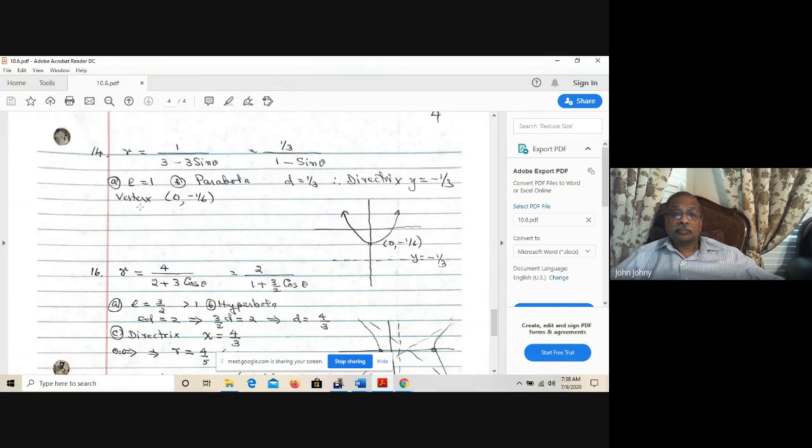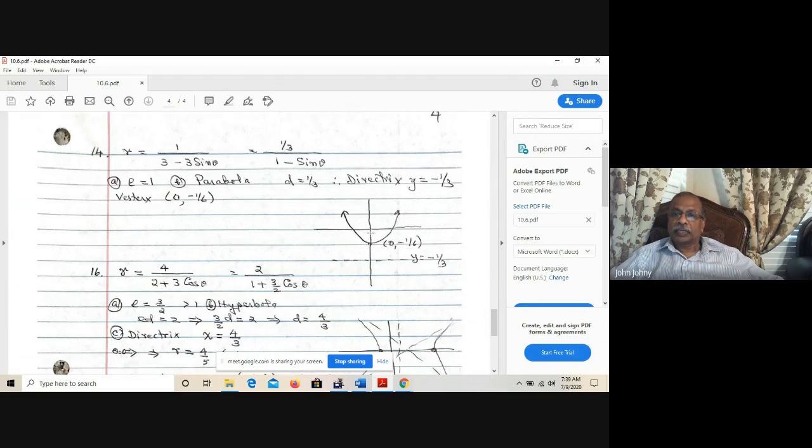And you find the vertex. Vertex is 0, negative 1 over 6. That is actually the midpoint of these two numbers. The directrix is y is equal to negative 1/3 and focus is the origin 0, 0.